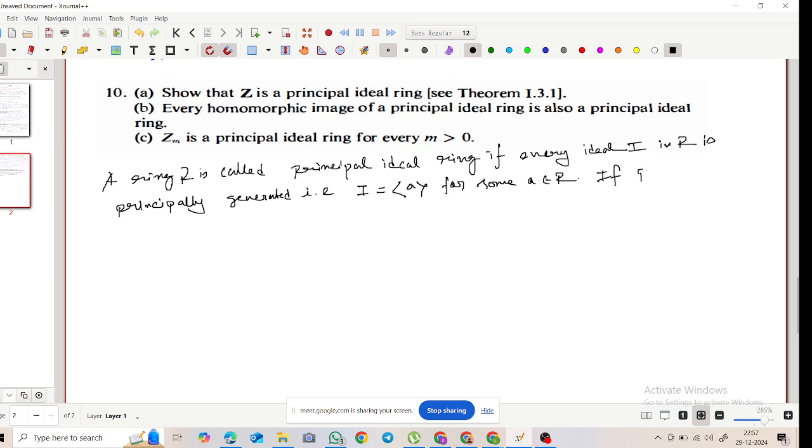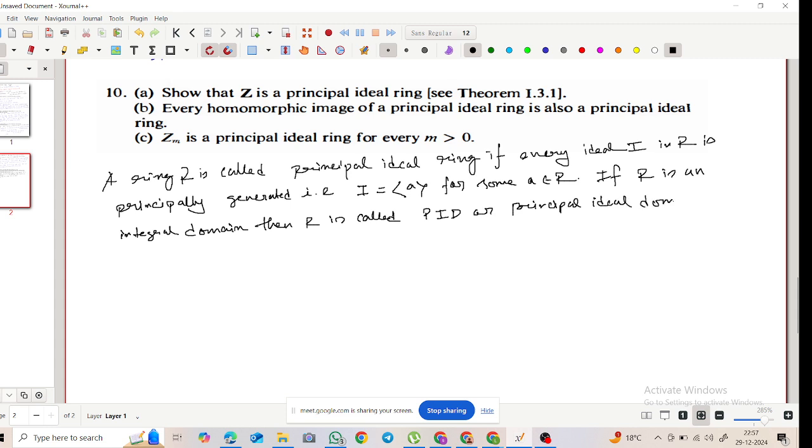If R is an integral domain, then R is called a PID or principal ideal domain.